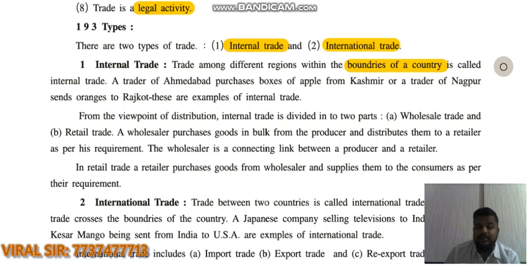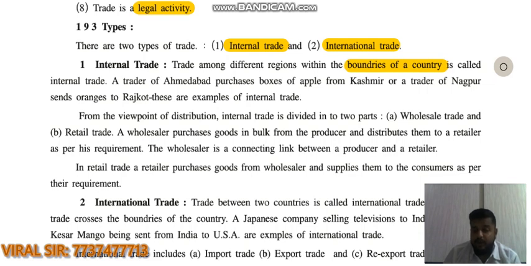Example: a trader of Rajkot or Ahmedabad purchases a box of apples from Kashmir, or a trader of Nagpur sends oranges to Rajkot. These are examples of internal trade. Internal trade can be done within a village, from one village to another, within a city, from one city to another, within a state, or from one state to another. So all these are examples of internal trade.